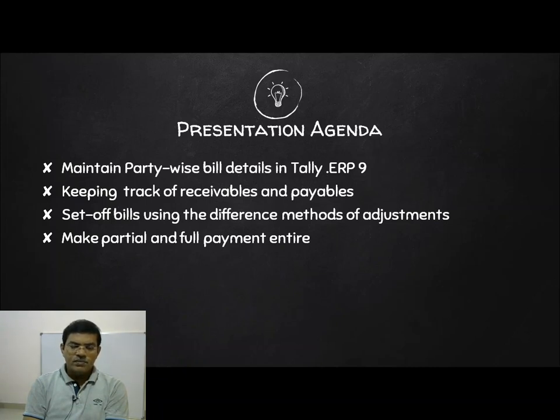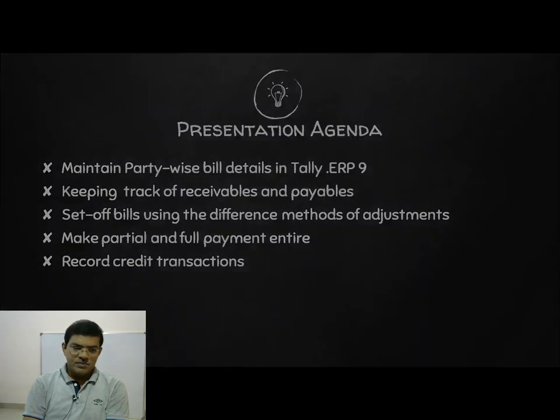Partial payment is where we pay a partial amount when we receive the goods, or sometimes the customer pays the amount in advance before buying the products. We also pay a certain advance amount to our suppliers, and after we receive the goods or services, we pay the remaining amount. We will see how these transactions are updated in Tally ERP9, recording credit transactions in the books of both supplier and customer.